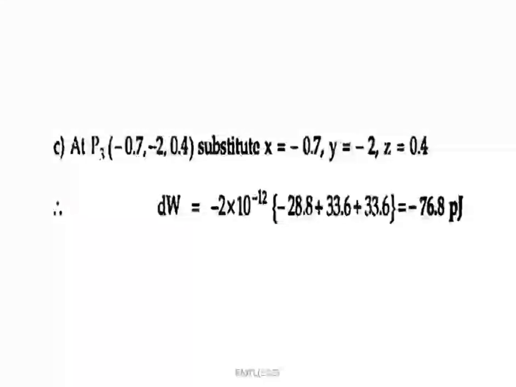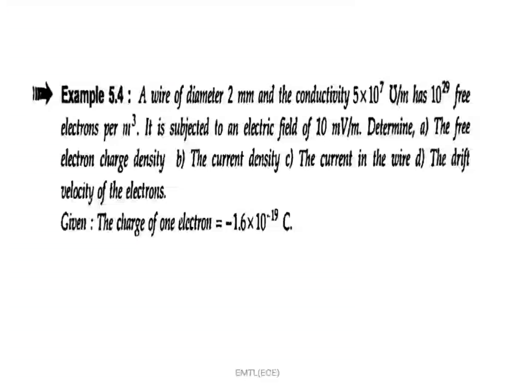Now the next problem is a wire of diameter 2 mm and the conductivity is 5 into 10 power 7 ohm per meter, has 10 power 29 free electrons per meter cube.